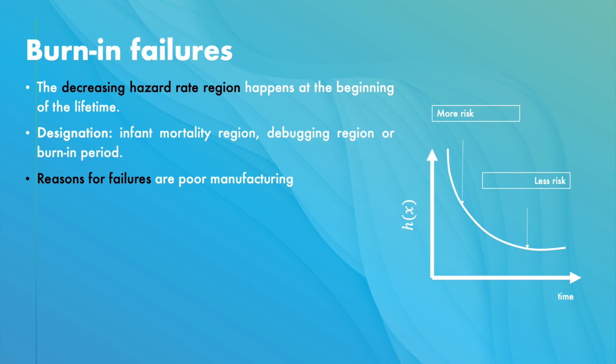Reasons for failures at this stage, at the beginning of the lifetime of the equipment, are, for example, manufacturing and design problems. And it always has the same shape in terms of hazard. You have more risk at the top and then increasingly less risk of failing. So we have at the beginning a very high likelihood of failing.